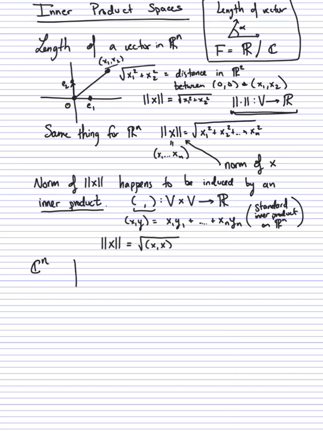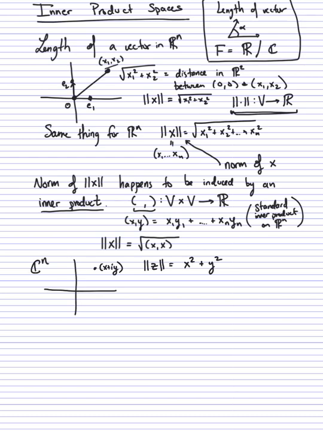Here I'm drawing a picture of C. We have x plus iy. The norm of a single complex element is equal to x squared plus y squared. We want our norms, even in the complex numbers, to be real numbers. We want to think of them as measuring some sort of length.